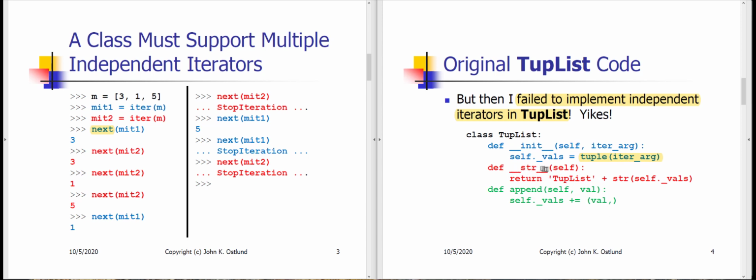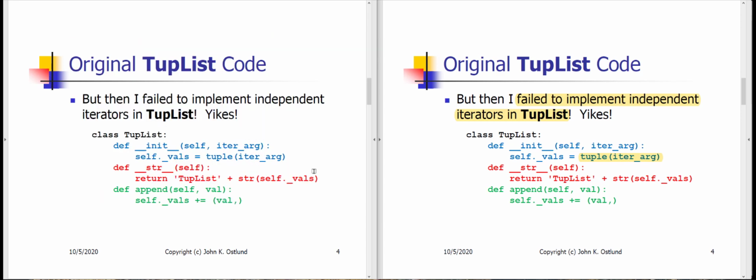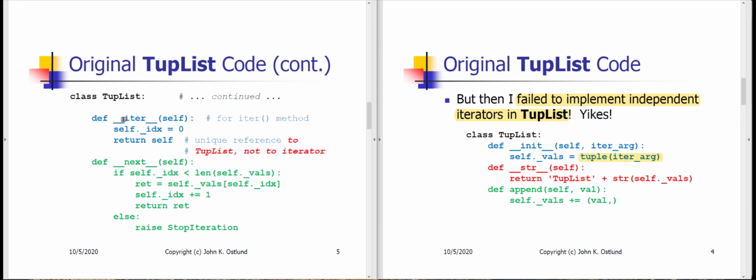Then we have our dunder str method and our append method. Following that, I showed an iter function that creates and returns an iterator for the TupList, and then a next function that retrieves the next value from the TupList.